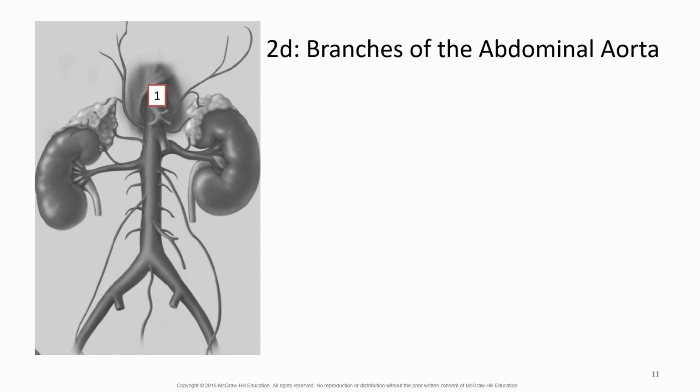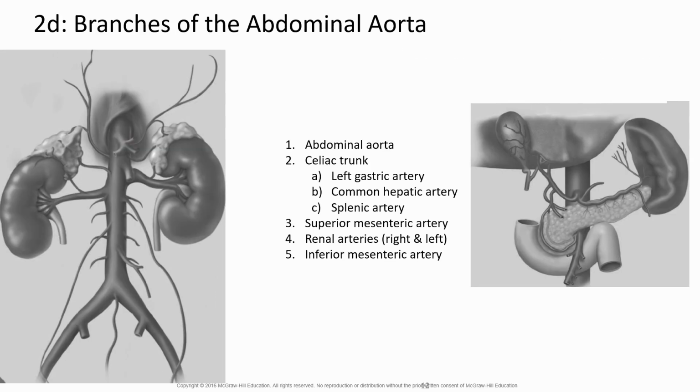So that's my celiac trunk, and it breaks. That's my celiac trunk. It breaks open into three separate vessels. So you have your left gastric artery, your common hepatic artery, and your splenic artery.